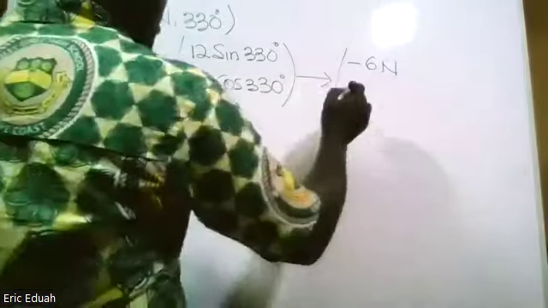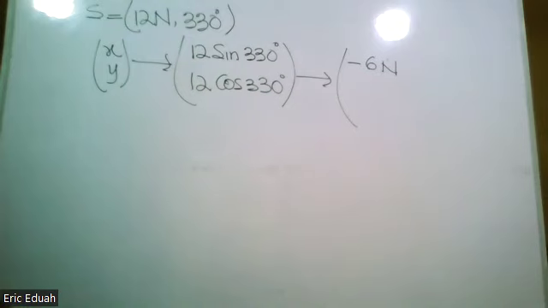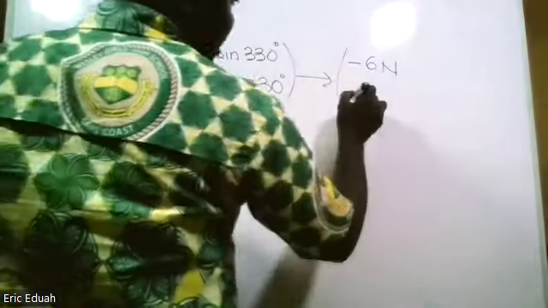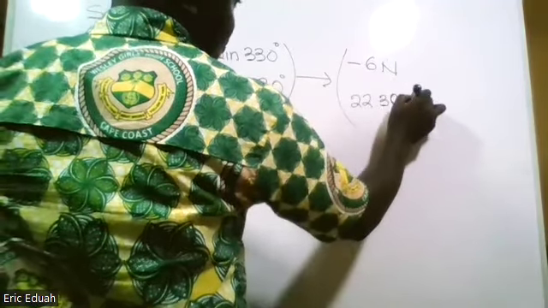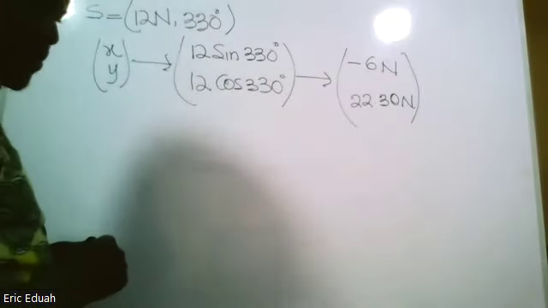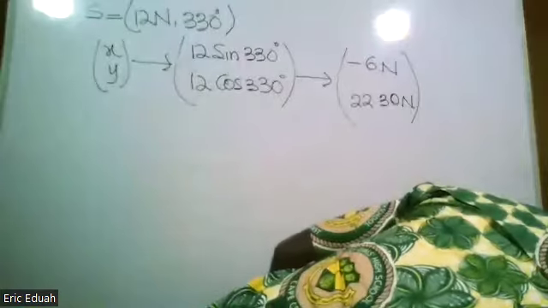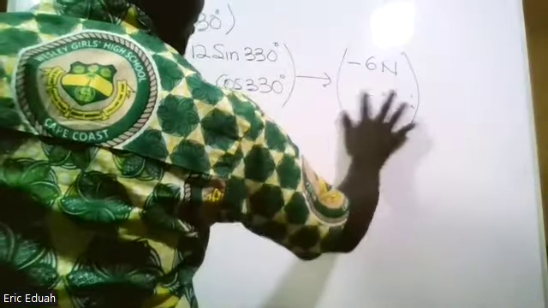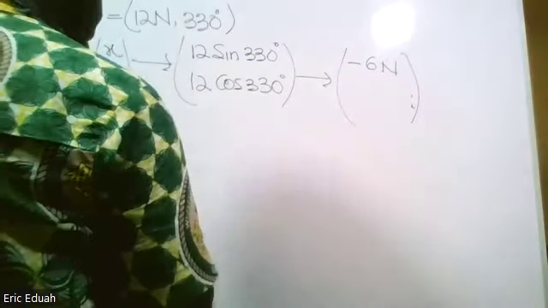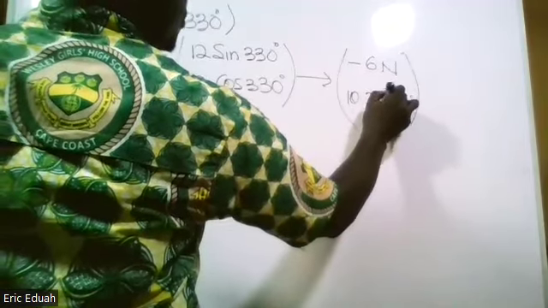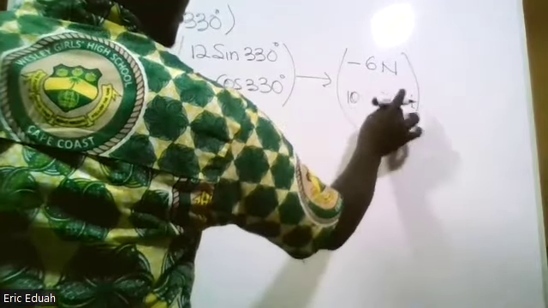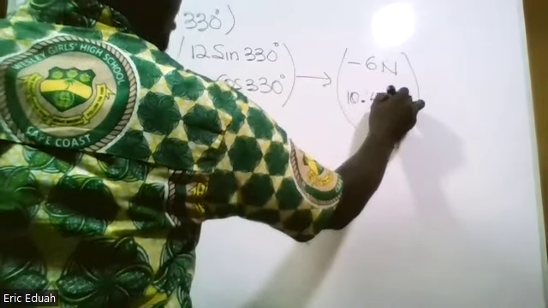And then 12 times cos 330 is 6 root of 3, which is 10.392. So approximately 10.40 Newton.